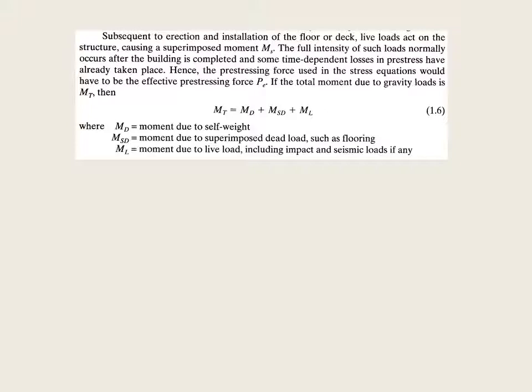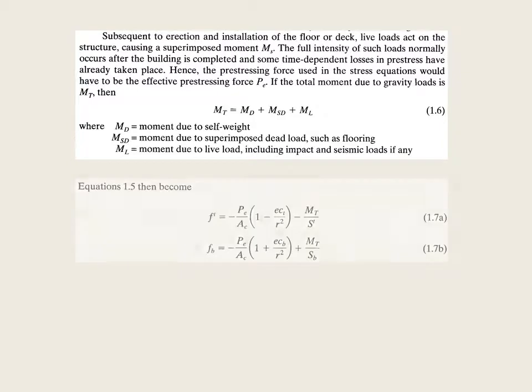So we have the M total, or the total gravity loads: self-weight, superimposed dead load or the flooring, and live load. Therefore, in the equation, instead of M sub D, it will become M sub T.